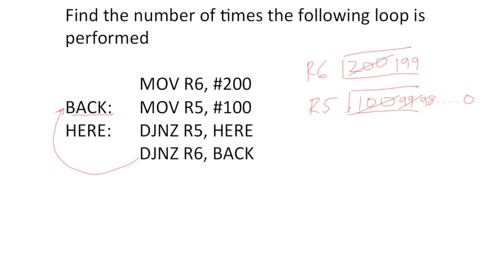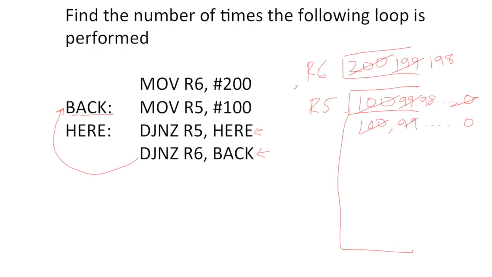So we reinitialize R5 to 100, come back to this inner loop, which again takes it through 100 iterations, and once that's done, we move back to the outer loop, which decrements this by 1, and then we come back to the inner loop.